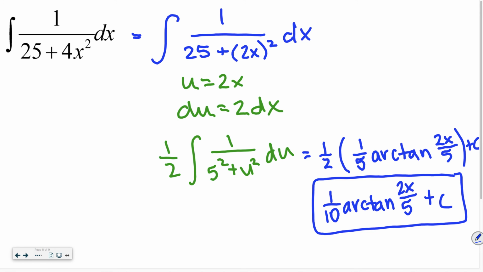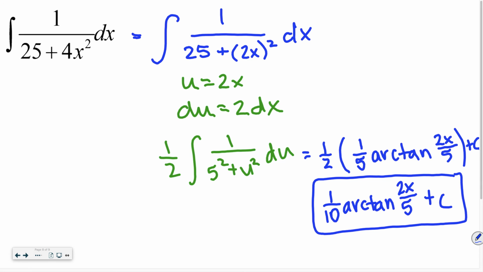This could be one of those that, like when we have the integral of cosine of 5x. Let me write that on the board so you can visualize it. How many of you use u substitution or just kind of remember we need a 1/5 outside?